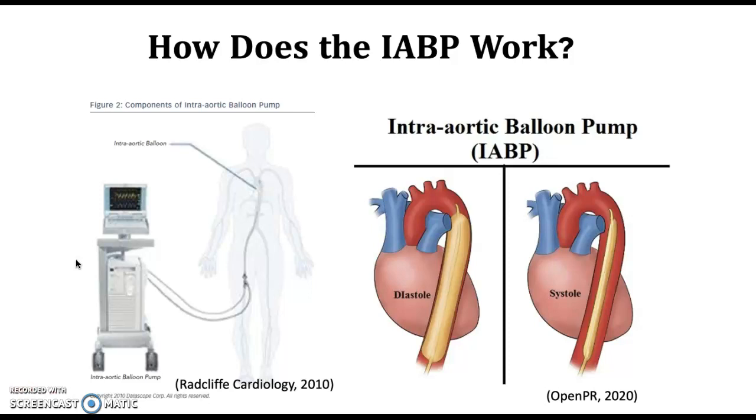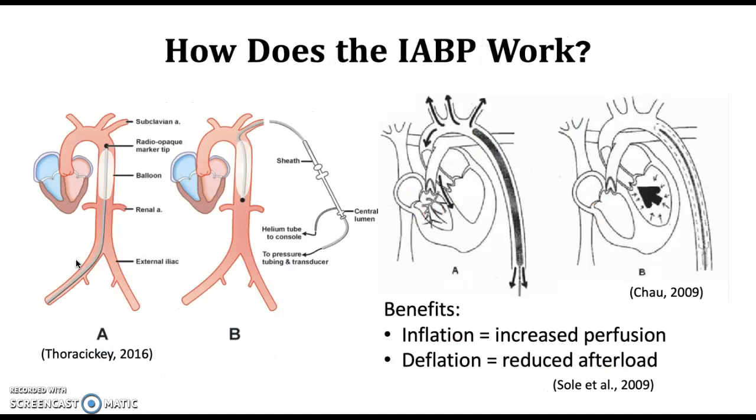This is a very important point that I want you guys to hone in on. When we think of inflation of this balloon, we're thinking increased perfusion. So how does that actually work? The balloon pump inflates, as shown here in A, during diastole.